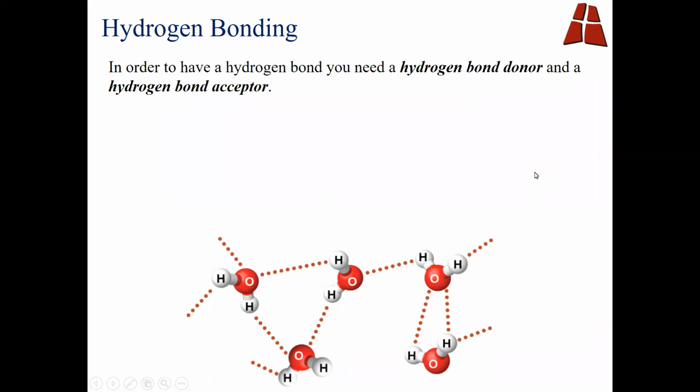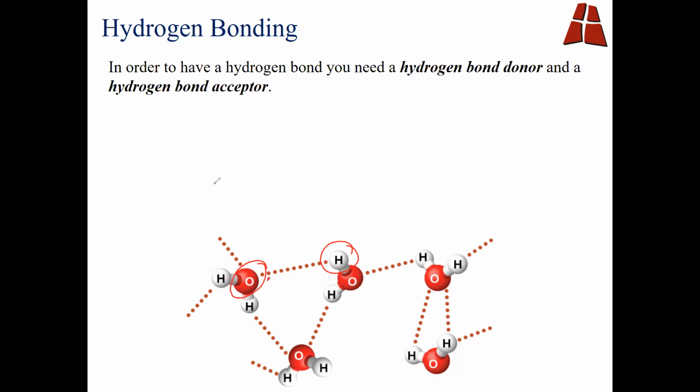Okay. Another thing with hydrogen bonds is that you need two molecules in order to have a hydrogen bond. You need a donor and an acceptor. If we were looking at this example here, I'm going to go ahead and draw on the slide. We would label this hydrogen as our hydrogen bond donor, and this oxygen as our hydrogen bond acceptor.